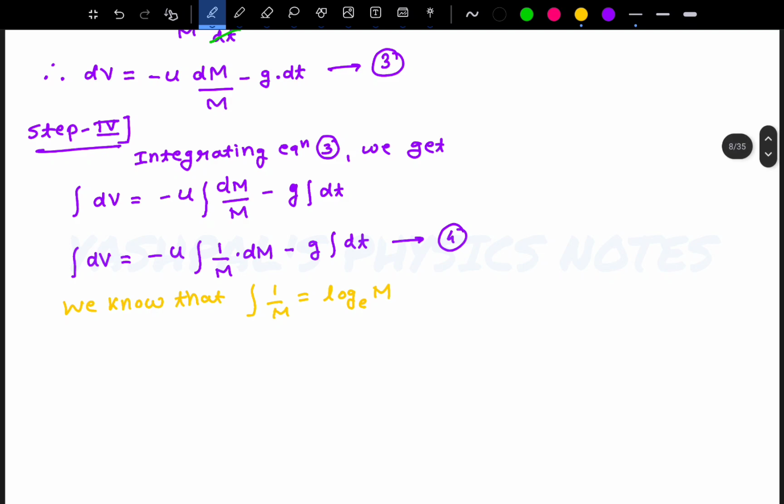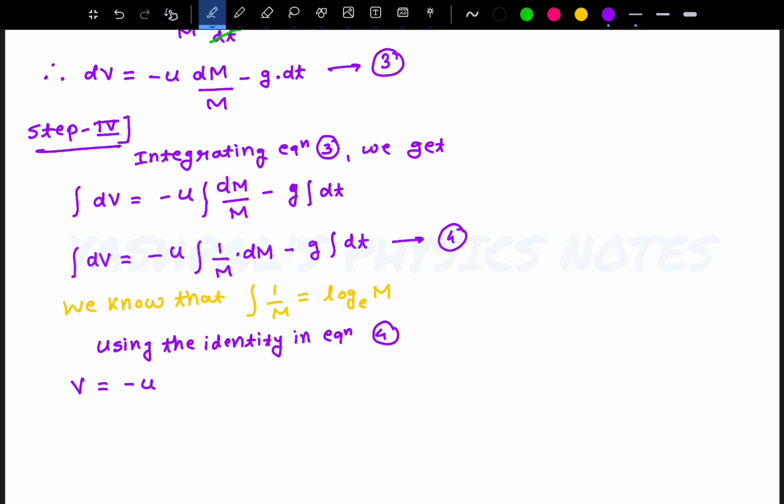So here I am using the identity in equation number 4. After using the identity, after integration, dv becomes capital V equals minus u.